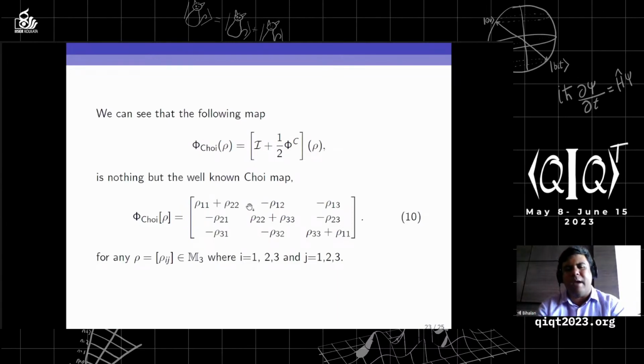That is the famous Choi map that we obtained. So from the same family, we play with the parameters and with the Lindblad operators, and we come up with the famous positive map. So this can be a way to construct new examples of positive maps, and this also connects the various known positive maps.